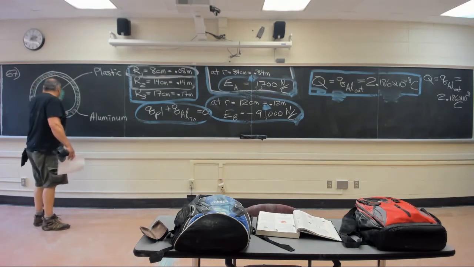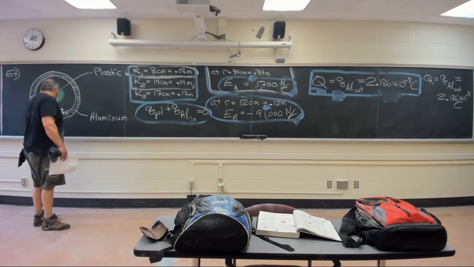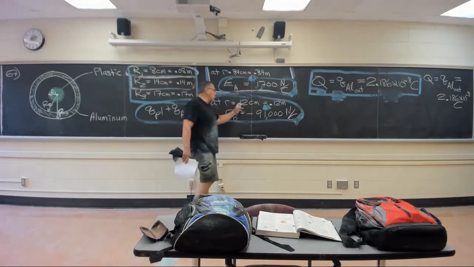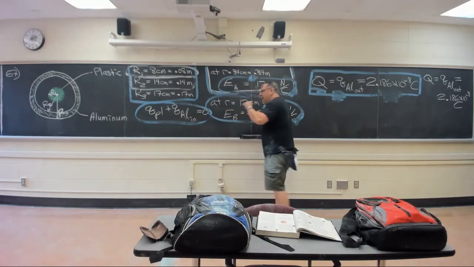The inner radius is 14, the outer is 17, and from here to here is 8. From here all the way to here is 14. But between 8 and 14 is the number 12, and that tells you what's on the plastic.